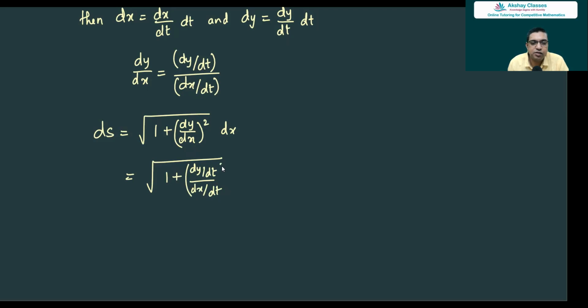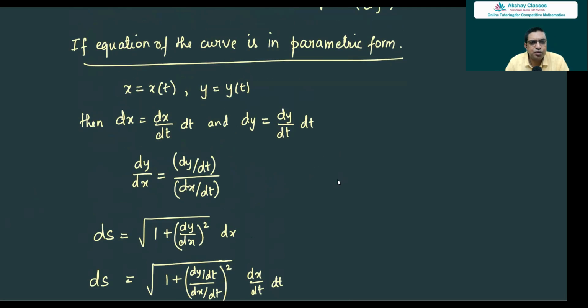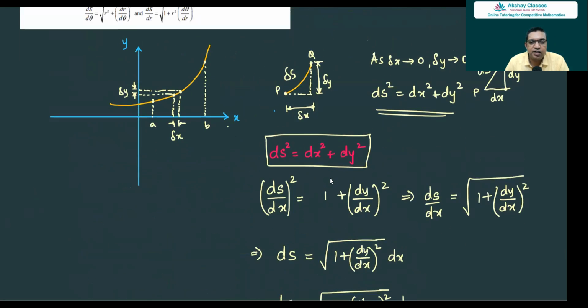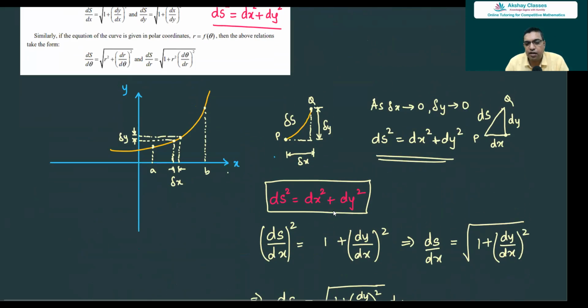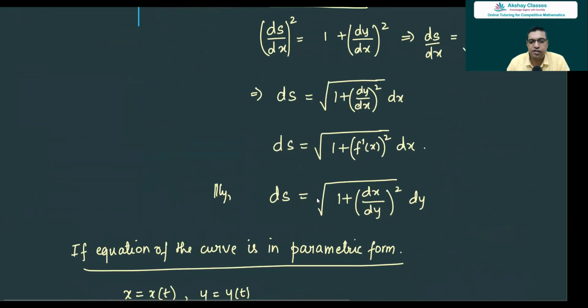We can find that out. And this dx will be dx by dt times dt. So when it's parametric differentiation, if the curve is in Cartesian form, then directly these are the results. So: equation of curve in Cartesian form, equation of curve in parametric form.